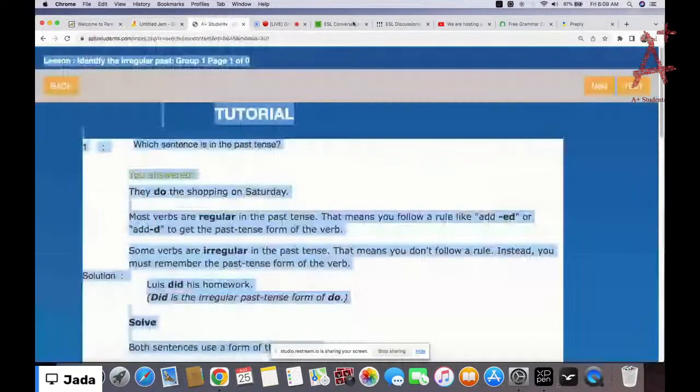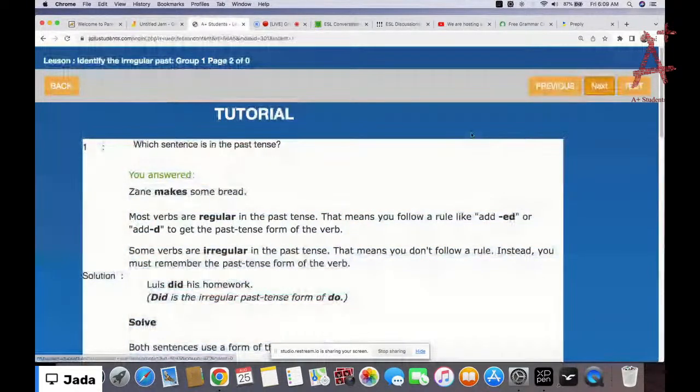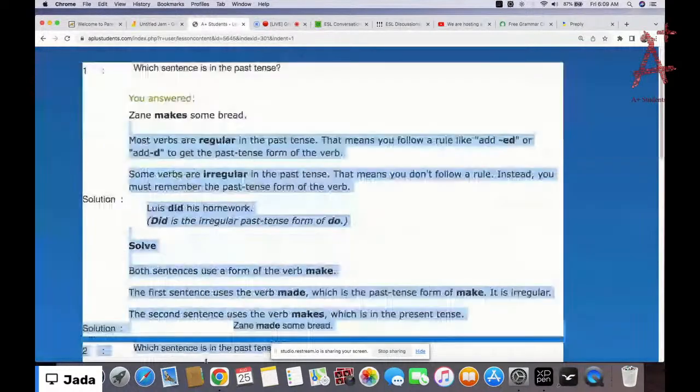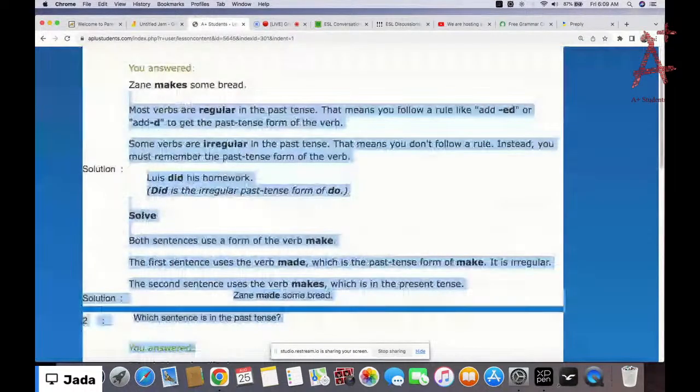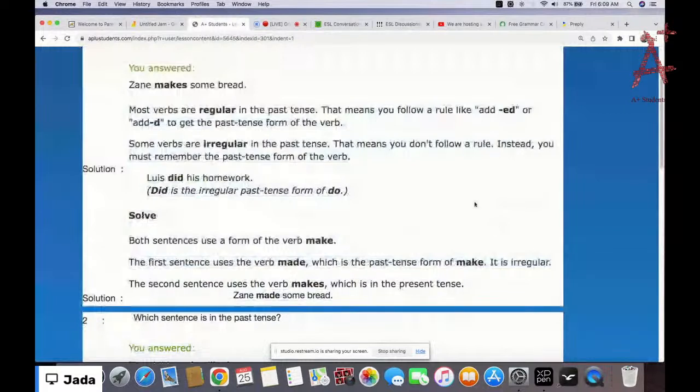So yeah, that's it. We'll get to see some more examples before we move on to the test. Now, which is the past tense? Zayn makes some bread. Makes. So you need to find the past tense of makes. So make is irregular. Okay, and make is present tense.